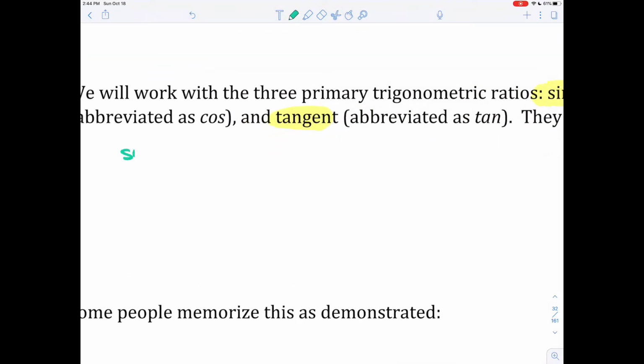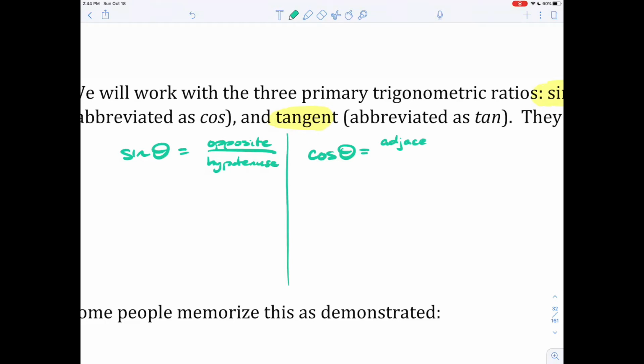So the sine of an angle, theta, is defined as being the ratio between the opposite side and the hypotenuse. The cosine of an angle is defined as being the ratio between the adjacent side and the hypotenuse.